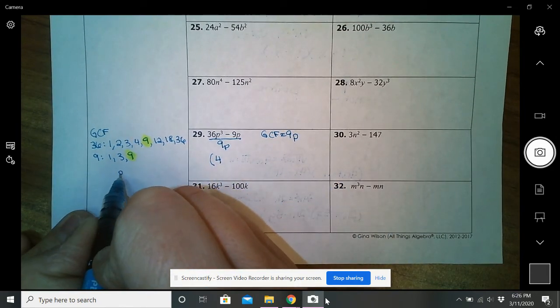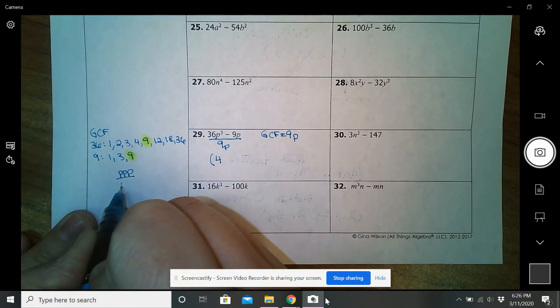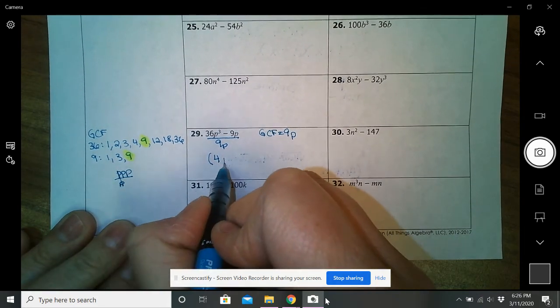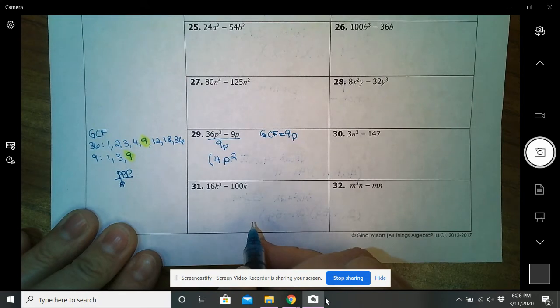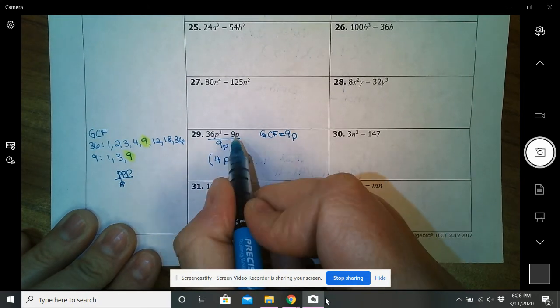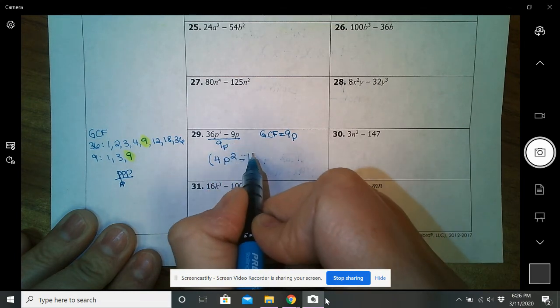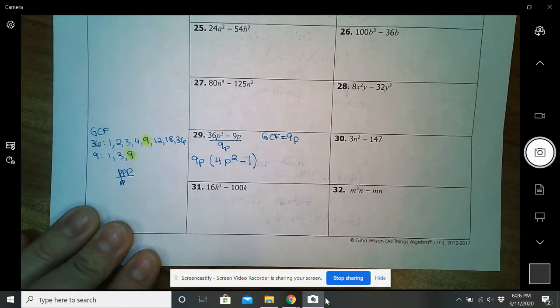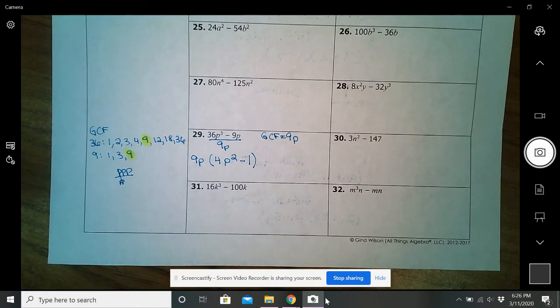If there are 3 p's on top and 1 p on bottom, one of those p's is going to cancel out, so there will still be 2 p's in the problem. 9 divided by 9 is 1, and then these p's will just cancel each other out, so there will be no more p's. So there's my GCF step.